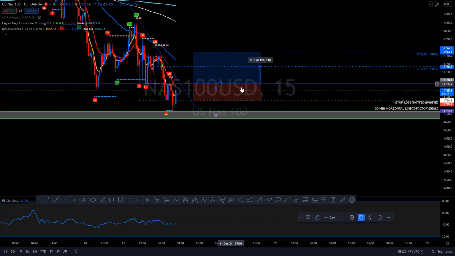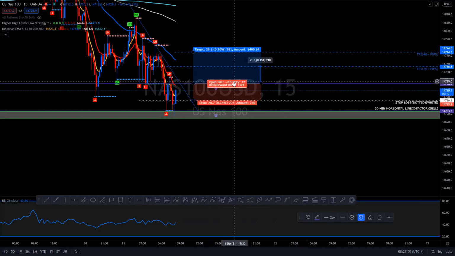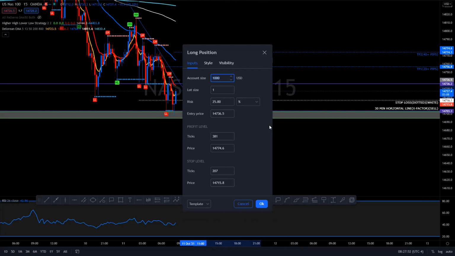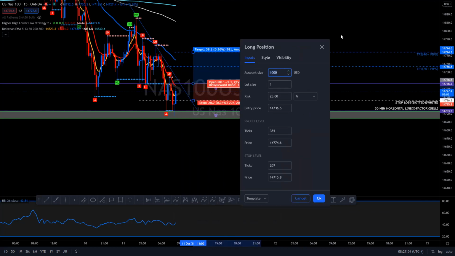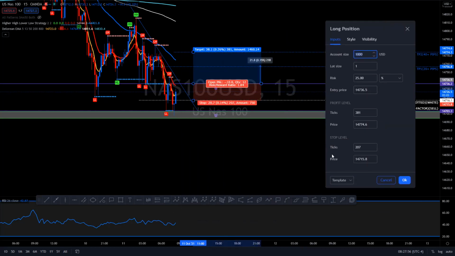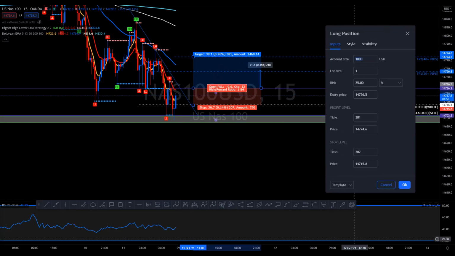So then I'm going to go ahead and put on my stop loss and take profit just in case. But let me share my phone screen. That way we're prepared.